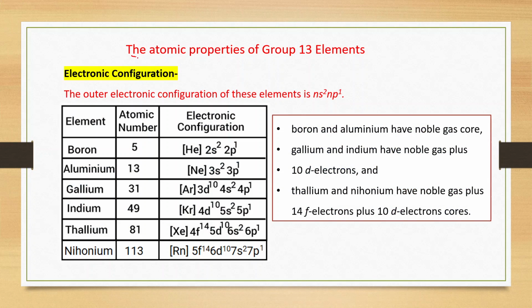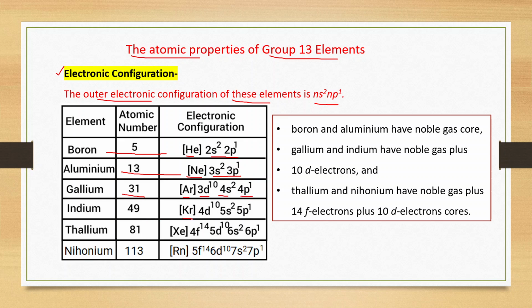Now come to atomic properties of group 13 elements. First of all, electronic configuration. The outer electronic configuration of these elements is ns2 np1. Boron: helium 2s2 2p1. Aluminium: neon 3s2 3p1. Gallium: argon 3d10 4s2 4p1.